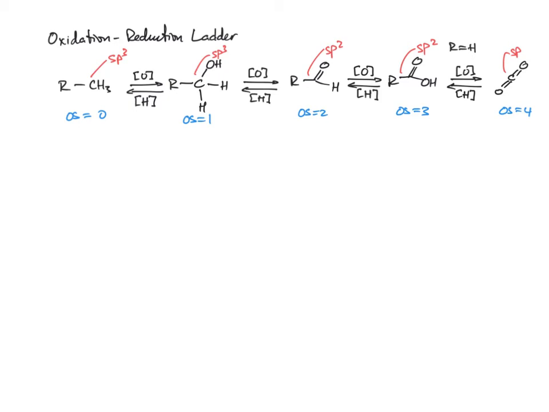These are probably the easiest to understand and the easiest, I guess, I don't want to say memorize, but make an association with reactivity, because we're going to run into different functional groups that are affected by these reagents differently. So let's go ahead and look at reducing agents.